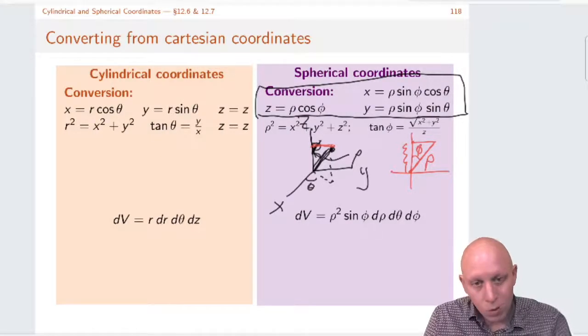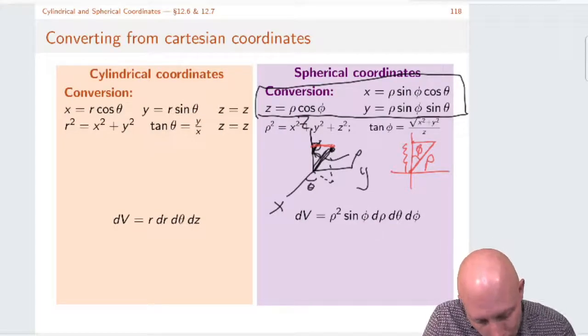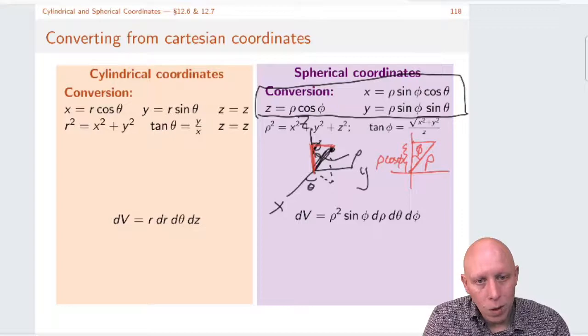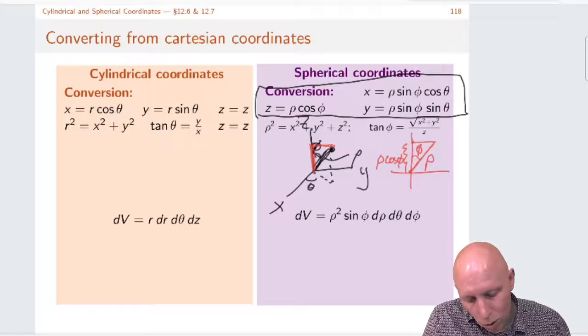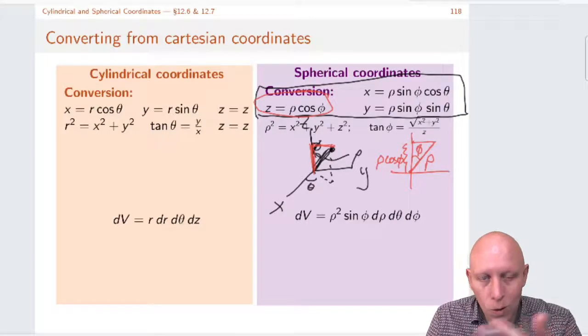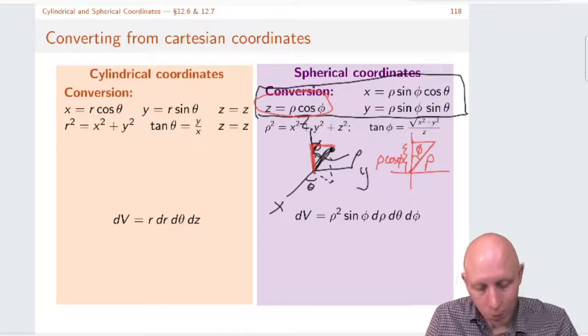So in terms of this triangle, this is rho times cosine of phi. So the z value that we get is rho cosine of phi. And so if we have rho and phi, we can figure out what z is.